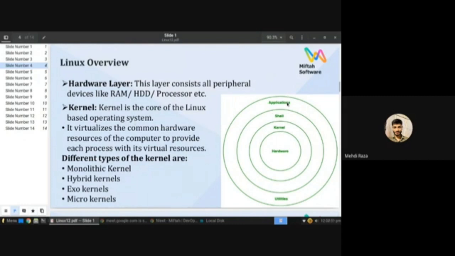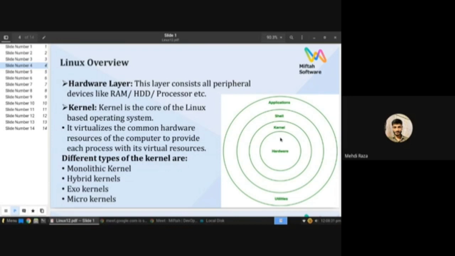The application utilities connect with the shell, and then the shell connects with the kernel, and the kernel provides hardware resources such as RAM and processor for the code to execute.